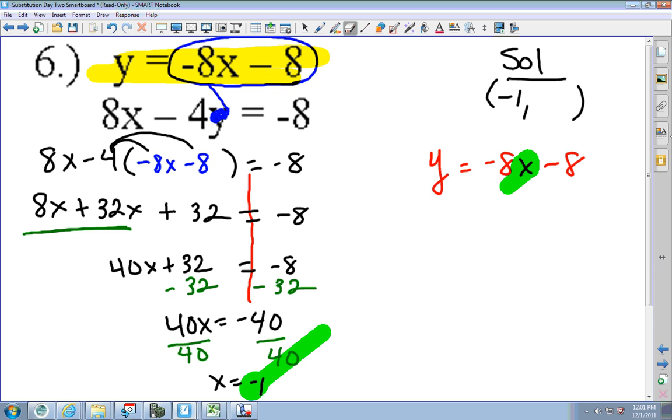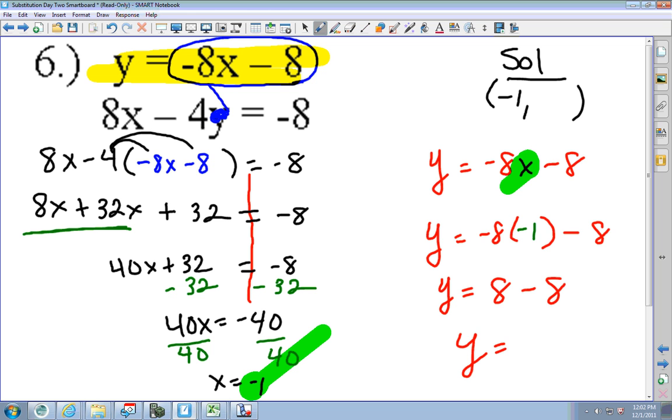Okay, so I have y equals negative 8 times, instead of x, negative 1, minus 8. y equals negative 8 times negative 1, which is a positive 8, minus 8. y equals 0. There's my solution.